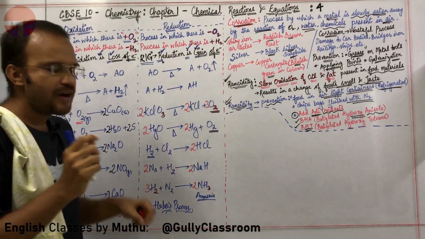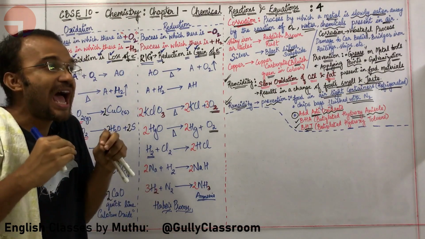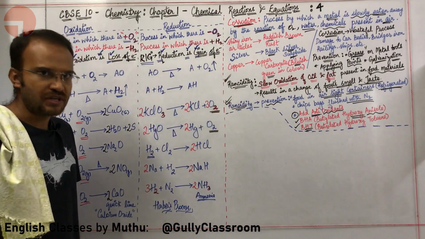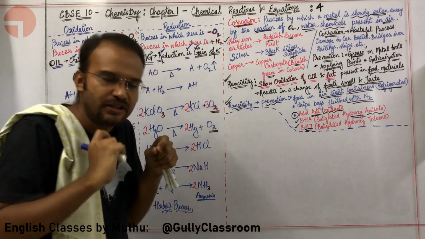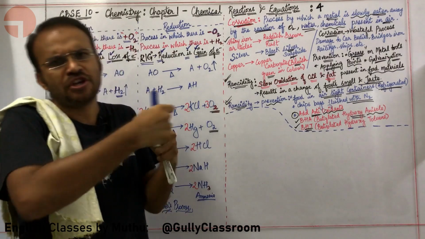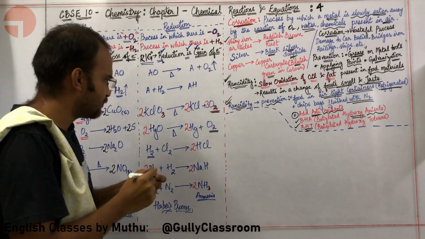Sir, I have read in a lot of books that oxidation and reduction happen at the same time in a lot of chemical reactions. Kindly explain. Absolutely. Let us get to the depth of that.